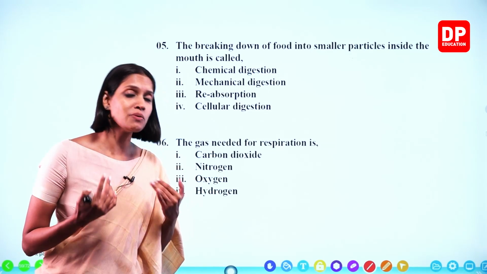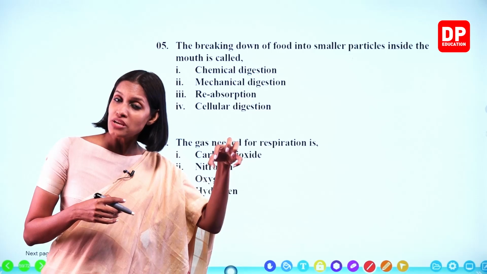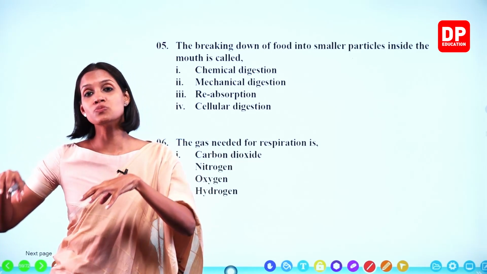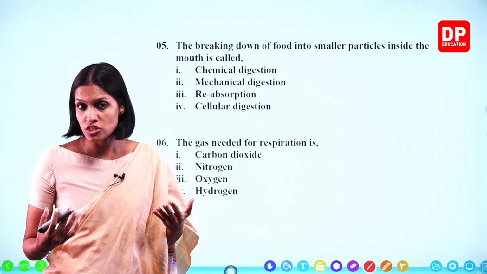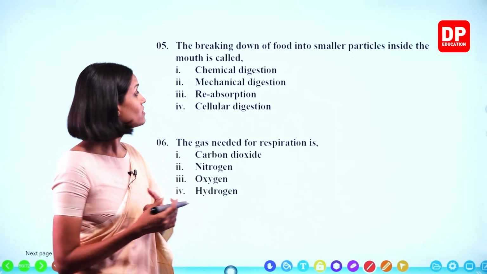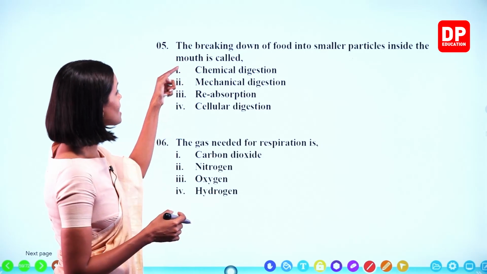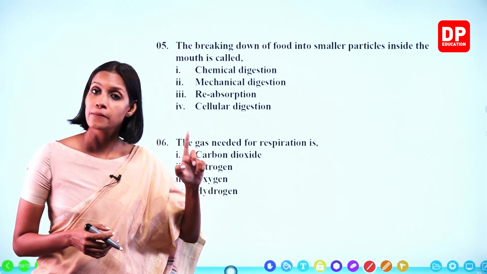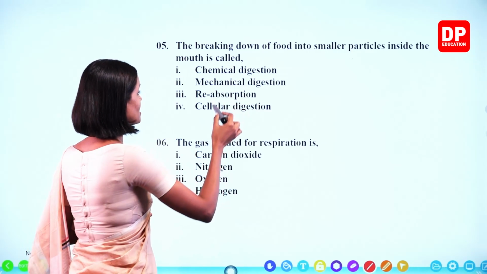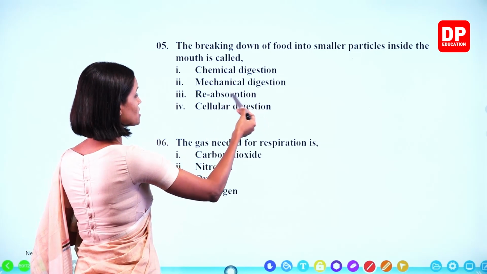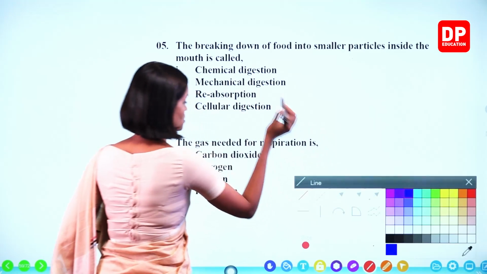What is the meaning of chemical digestion? Chemical digestion means that small pieces of food become even smaller particles with the help of chemical substances called digestive juice, right? So the breaking down of food into smaller pieces inside the mouth is called mechanical digestion. Chemical digestion, mechanical digestion, reabsorption, cellular digestion. The answer is mechanical digestion.